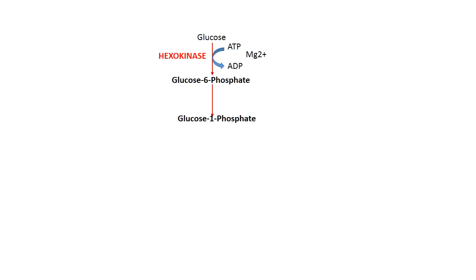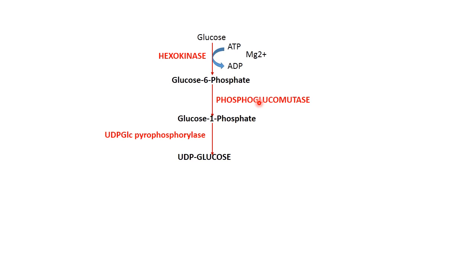This glucose 6-phosphate is isomerized to glucose 1-phosphate, and the enzyme for this conversion is phosphoglucomutase. Now, this glucose 1-phosphate will react with UTP, that is uridine triphosphate, to form the active nucleotide UDP-glucose and pyrophosphate.